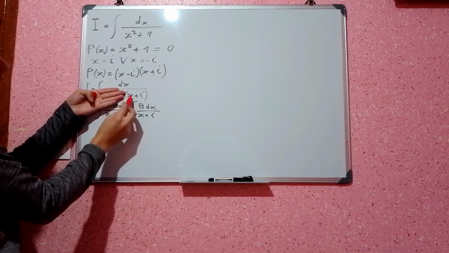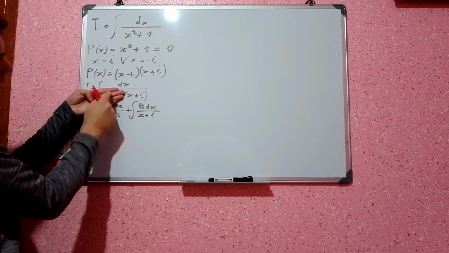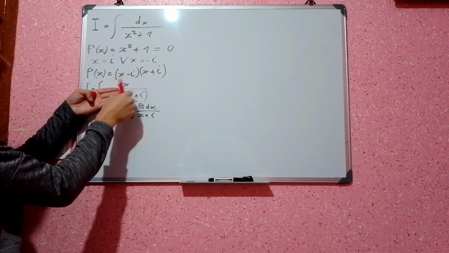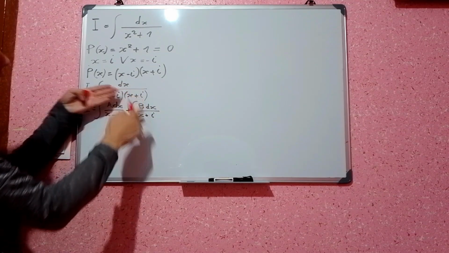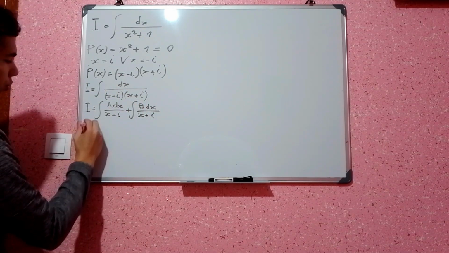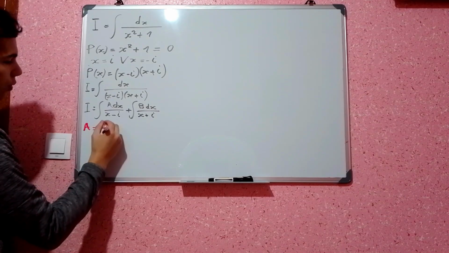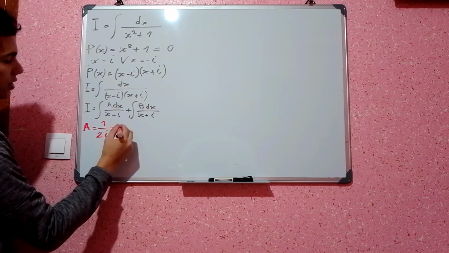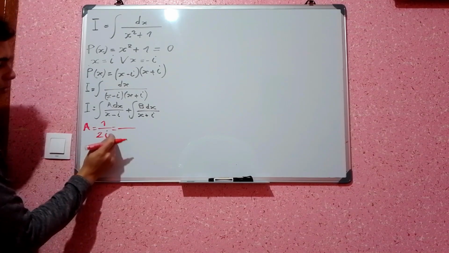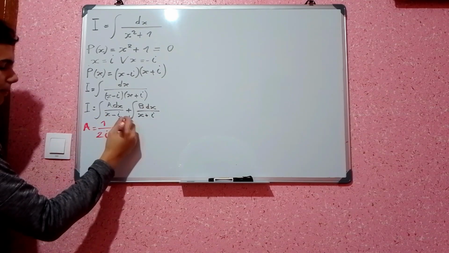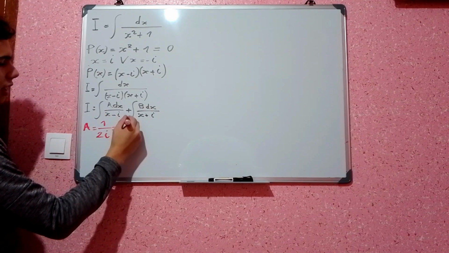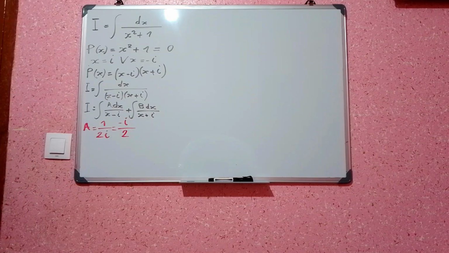Put the dx here, the i here, and the i in all the x's. So you get 1 over 2i, okay? So a equals 1 over 2i, which is the same as if we multiply the denominator and numerator by minus i, we get minus i over 2, okay?